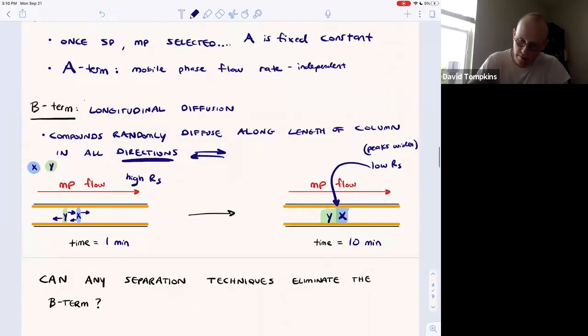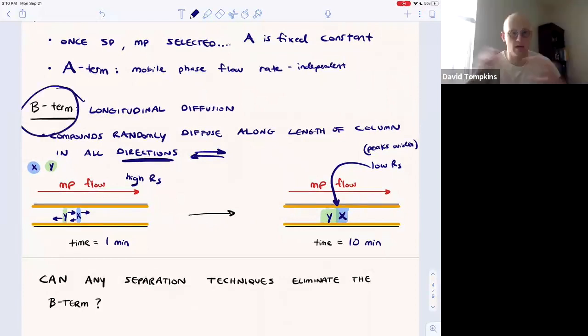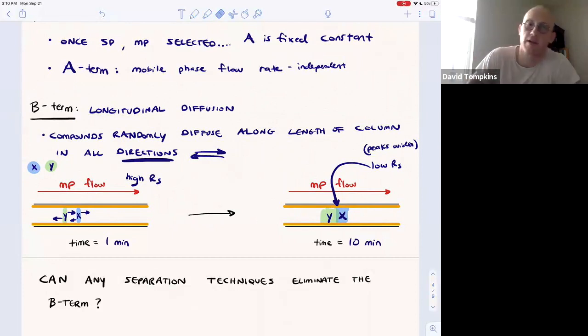So the more these compounds diffuse along the column, and the longer they have available to sit there and diffuse, the more they are going to spread out. And that spreading out process increases the plate height, decreases the number of plates, and decreases the resolution.